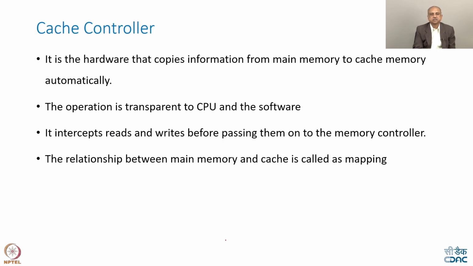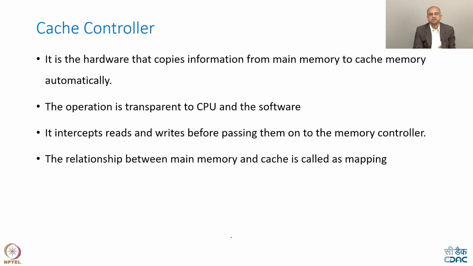Now, to manage all this, we need the cache controller. What does the cache controller do? It will look for the addresses that are generated by the CPU. It will check whether that address matches with any of the tags. If not, then it will copy the data from main memory to cache memory automatically. Now, this operation is transparent to the CPU and the software, though the cache controller driver would be aware of it.